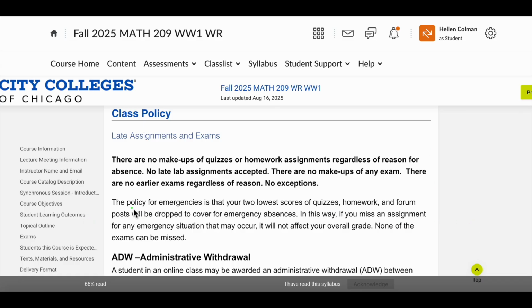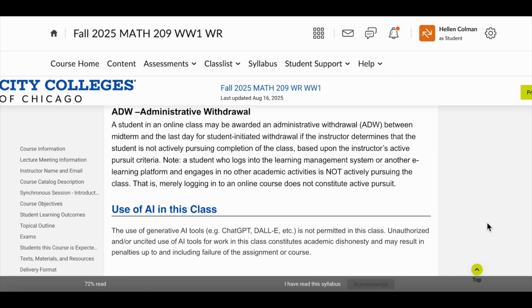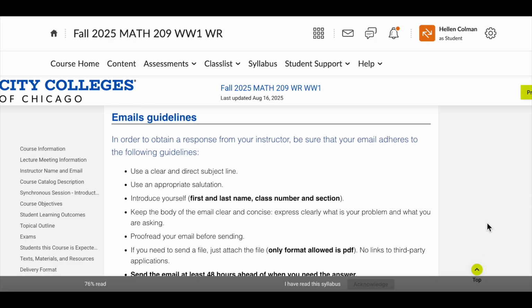And the policy for emergencies is that your two lowest scores of quizzes, homework, and forum will be dropped. So that will cover for any emergency that may happen. Also, be sure that you understand the ADW and NSW policies of these classes.